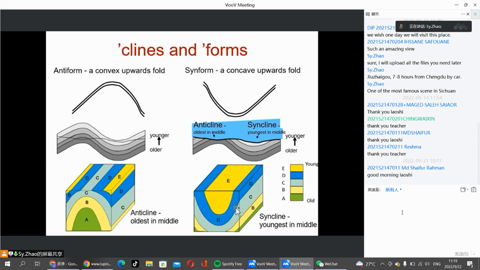And if we find the middle portion's rock type is the youngest one in the fold, we can recognize it as a syncline, like this.